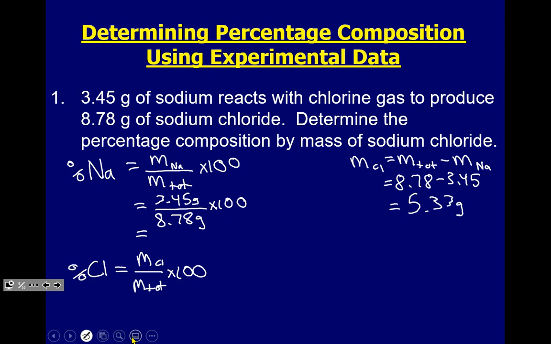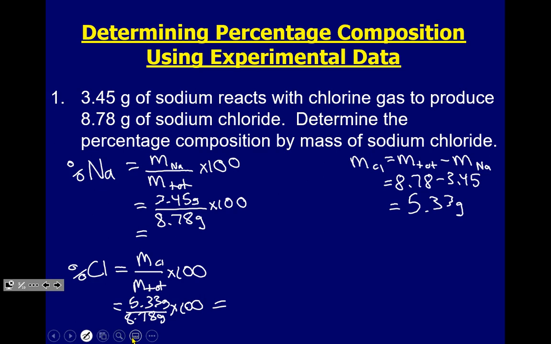Now we can finish off the second part and check it, because we know how much is left. 5.33 grams divided by the total 8.78 grams times 100, and I'm going to squeeze that one off to the right there. Are you telling me numbers?